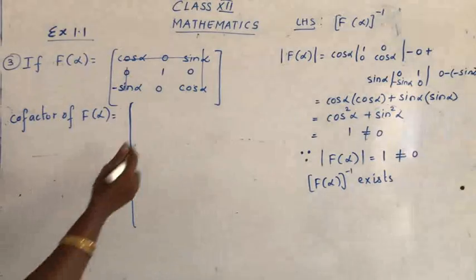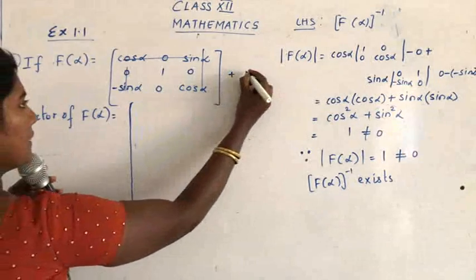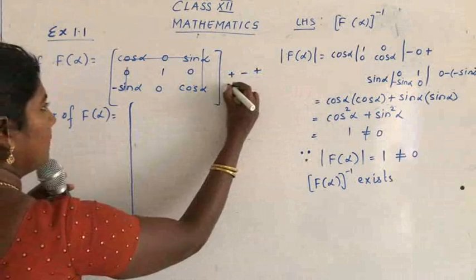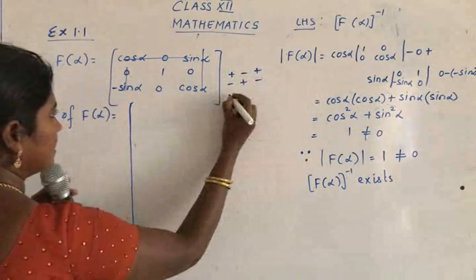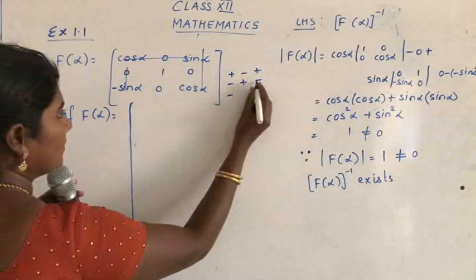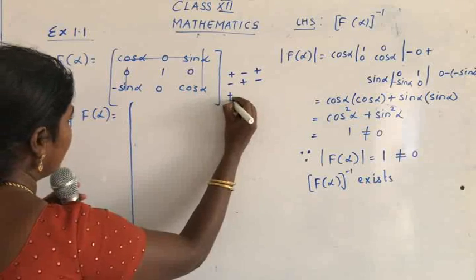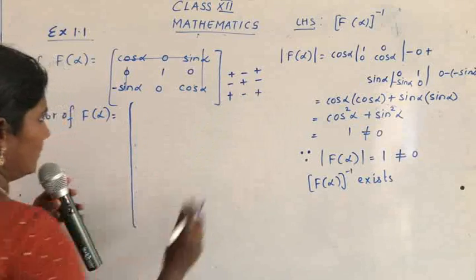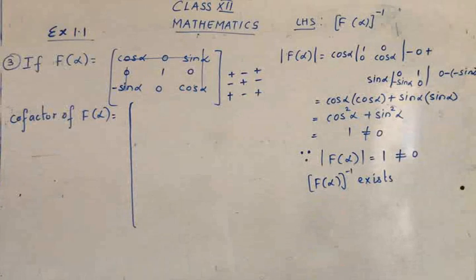So let's start. You already know what are the signs to be inserted. Plus, minus, plus, minus, plus, minus. So it becomes plus, minus, plus. That's all. The first row and the third row, the signs are the same, yes? Plus, minus, plus, minus, plus, minus, plus, minus, plus. Let's start.